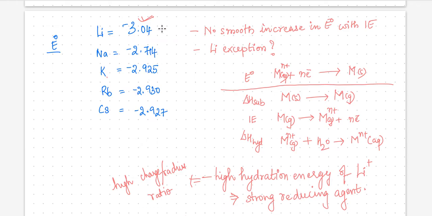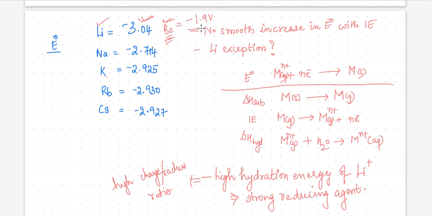Now, in their case also, when we talk about beryllium, beryllium also shows a negative value, minus 1.9 volt, if I remember correctly. Like lithium, we might expect a positive E naught value here, because beryllium being smaller in size has a very high ionization energy, so we expect it to be an oxidizing agent rather than a reducing agent.